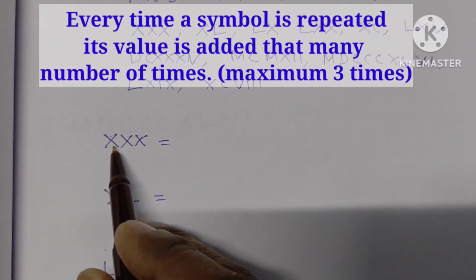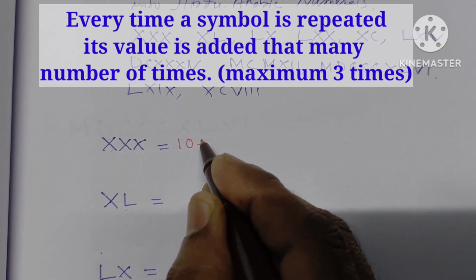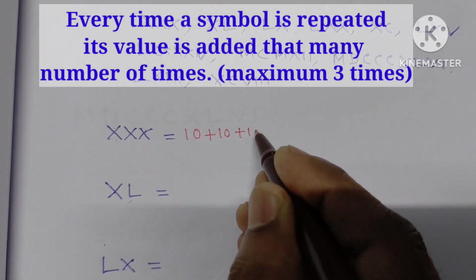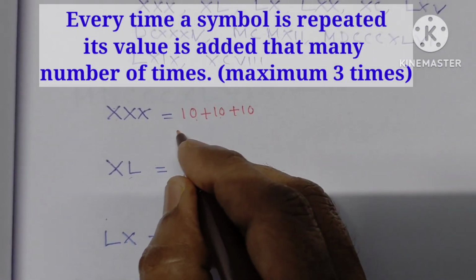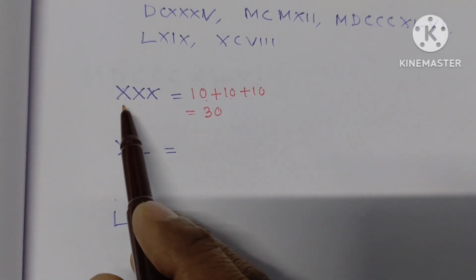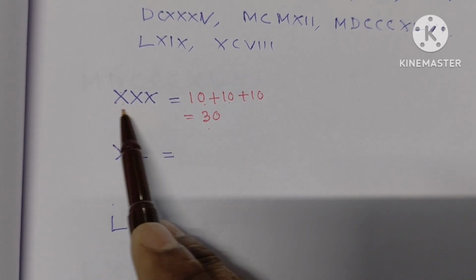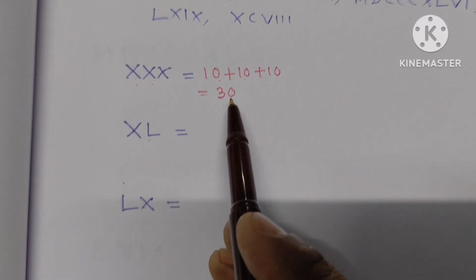We know that X represents 10. So 10 plus 10 plus 10, 3 times, equals 30. That means the value of XXX is 30. This is in Roman numerals, and this is Hindu-Arabic numerals.